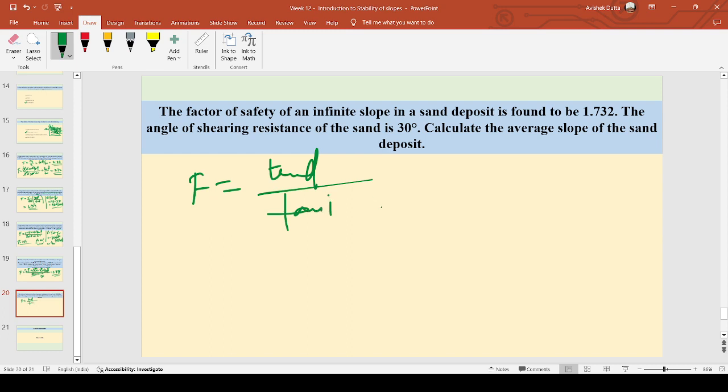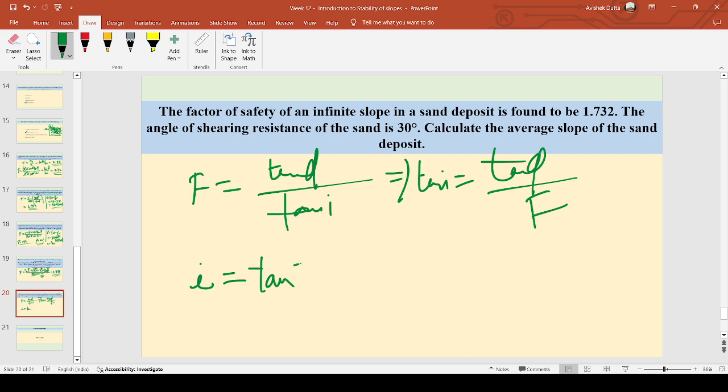We know the value of phi as 30 degrees. We have to find out the value of i. So tan i is equal to tan phi by F, so the inclination value will be equal to tan inverse of tan phi by F. Let me calculate it: tan of 30 degrees divided by 1.732.